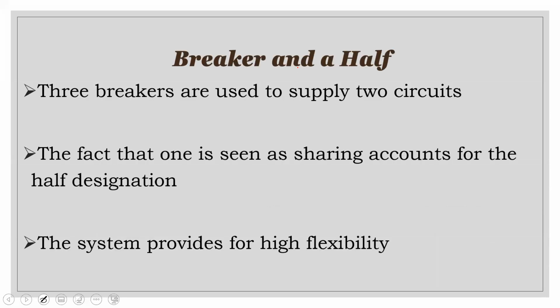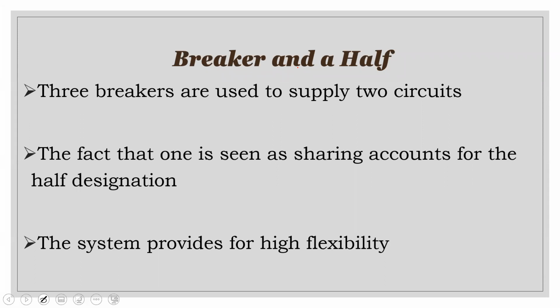And then lastly, we talk about a breaker and a half. The term breaker and a half really means that you have 3 breakers used to supply 2 circuits. So if you have 3 breakers supplying 2 circuits, then we technically say you have 1.5 breakers to each circuit. Of course, you can't have a half breaker, so it's 3 breakers to 2 circuits.